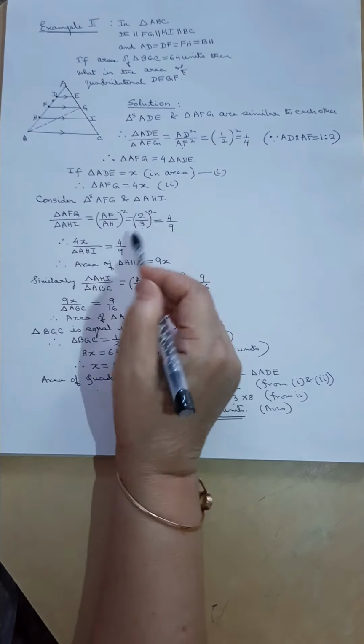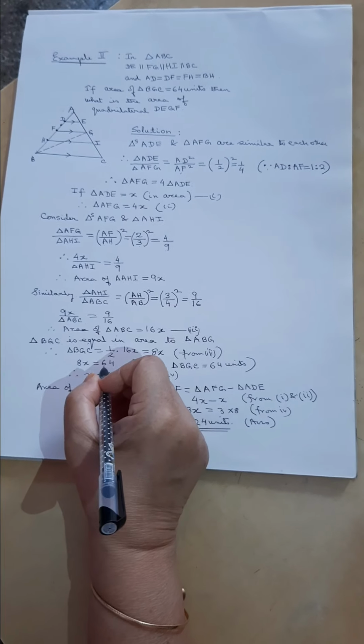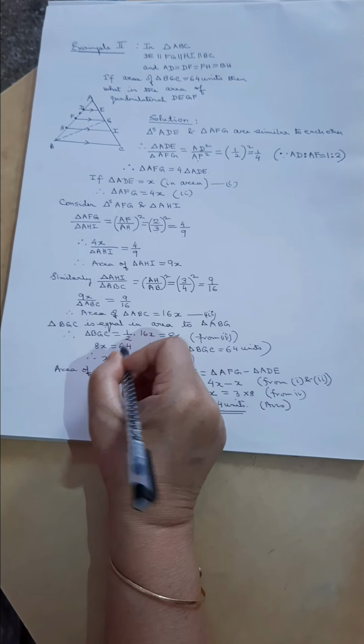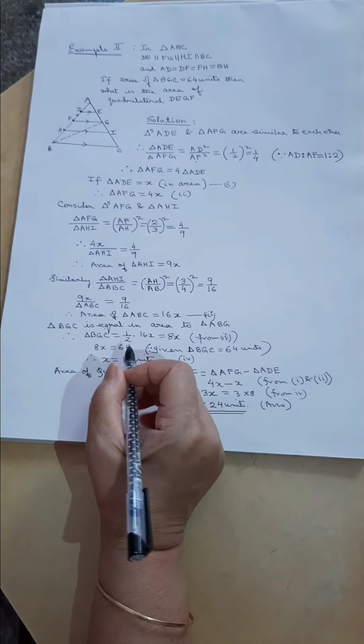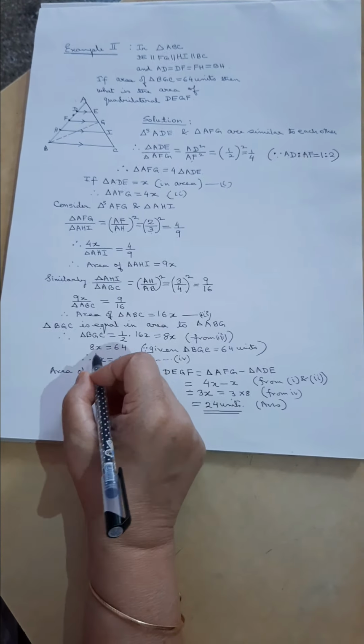Then we have triangle BGC is half into 16x, which is equal to 8x, but given area of triangle BGC is equal to 64 units, then we get 8x is equal to 64 or x is equal to 8 units.